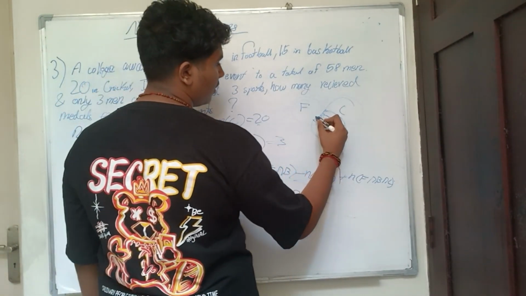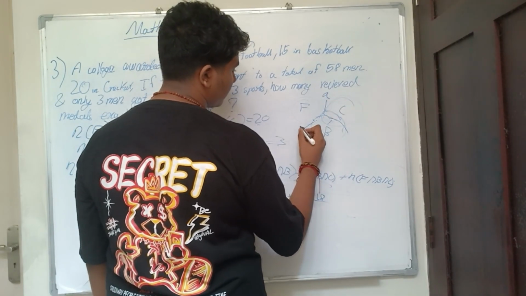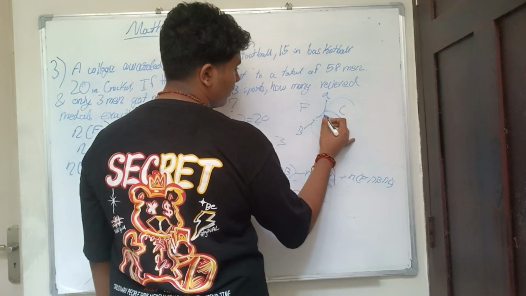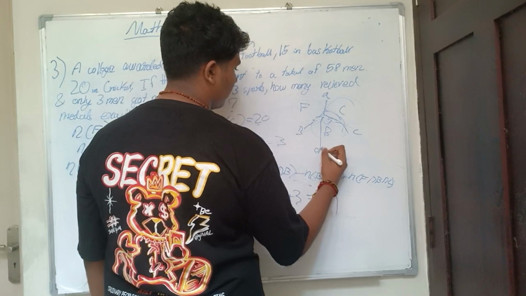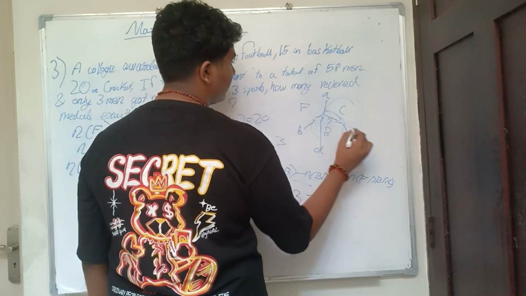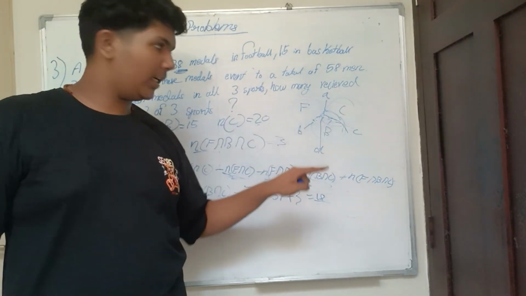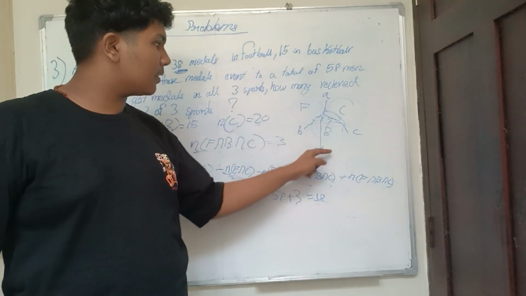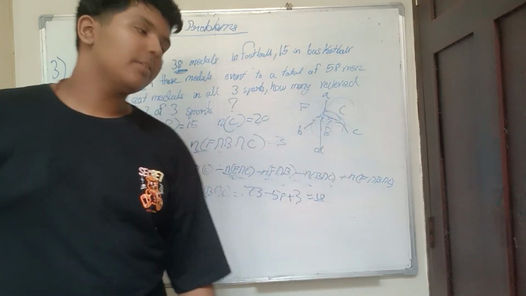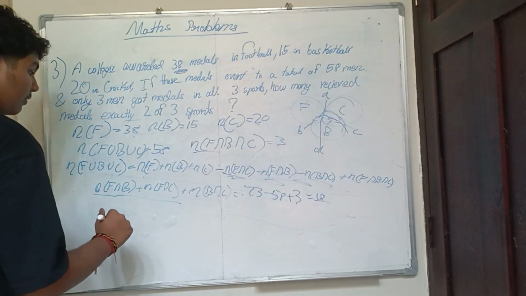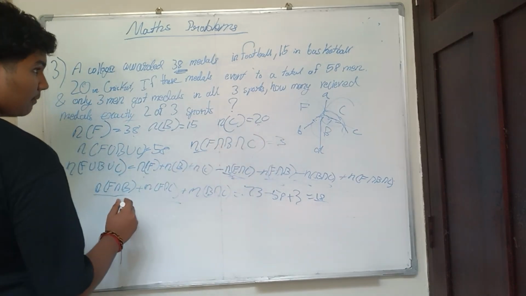So we'll consider this part as A, this part as B, and the other parts as C and D. D is the common part of all 3. B is football and basketball, C is cricket and basketball, and A is football and cricket.